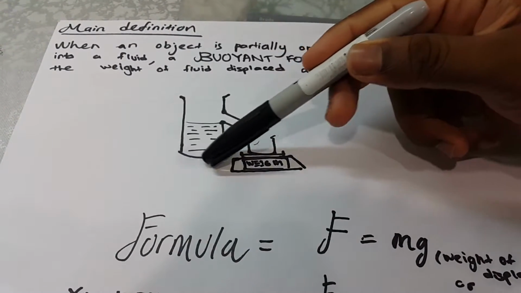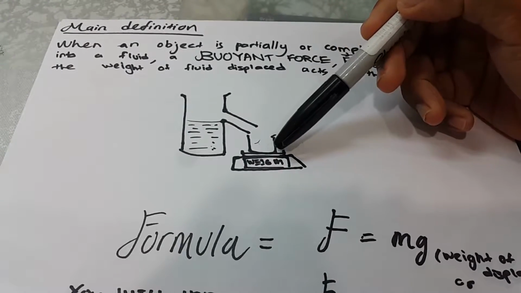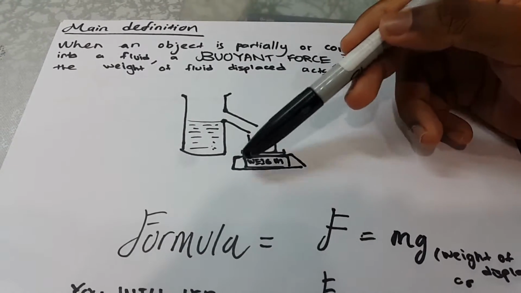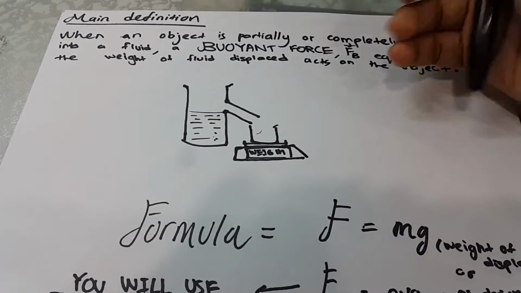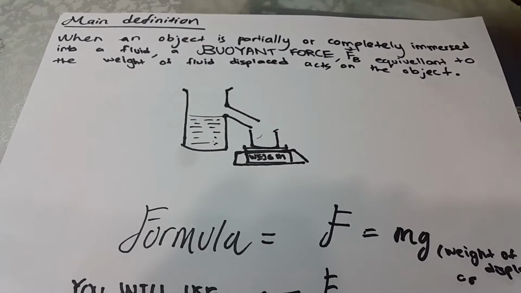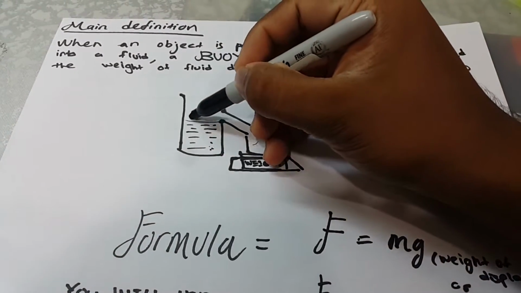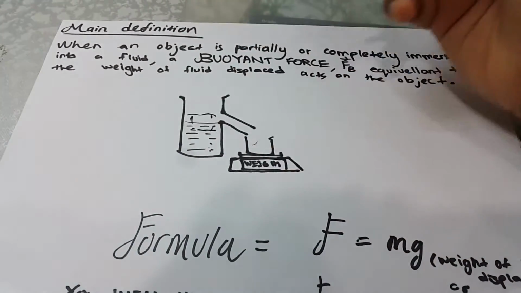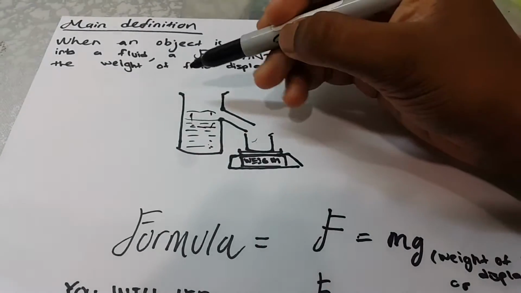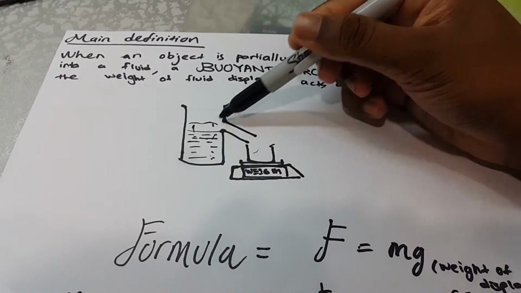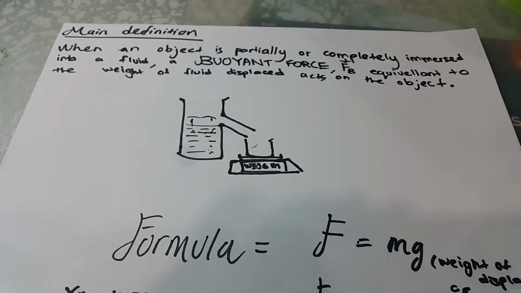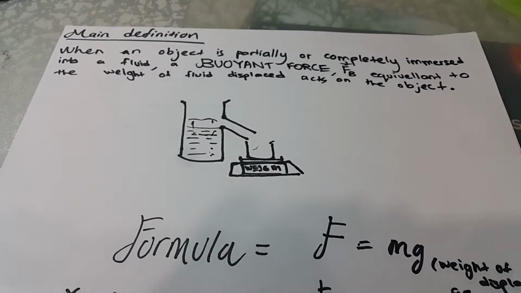So here's a Eureka can, a beaker, and a weighing machine that measures the weight. When you put an object into here, as you learned in Form 1, the volume of the water will be displaced, as when you put something inside the water, its volume will increase.